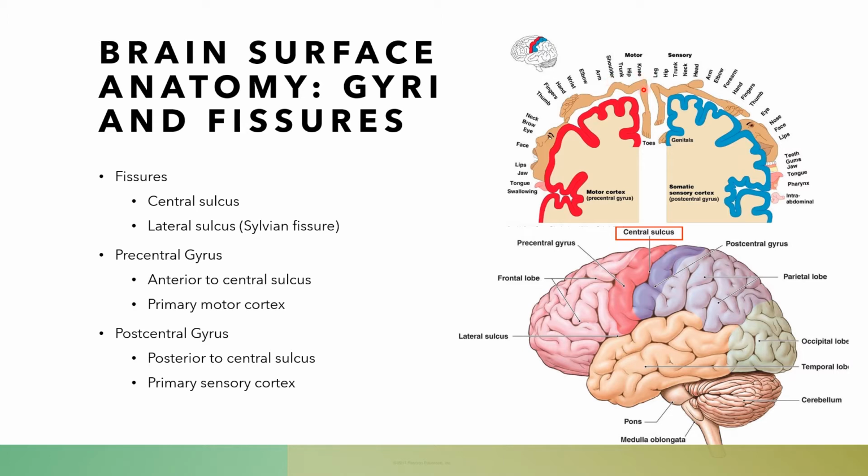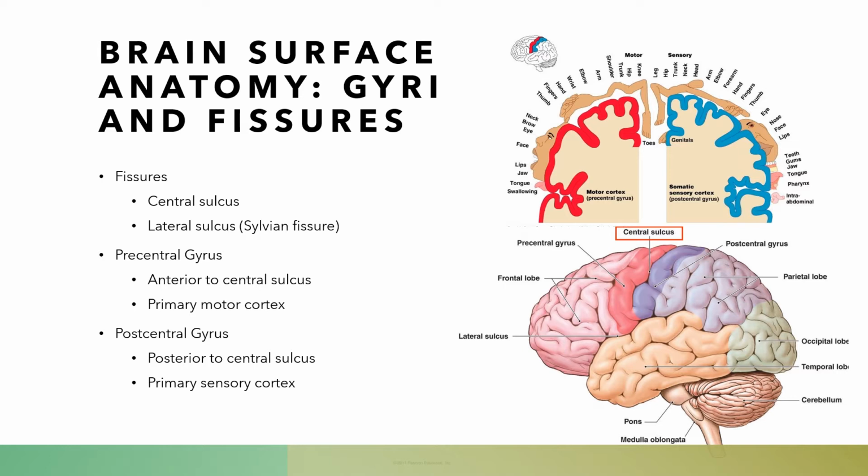The arms and the legs have a smaller area, even though they're bigger body parts, because those motor functions don't require as much finesse. Same for the sensory. The head and the hands have a disproportionately large amount of area allotted to them because of the density of sensory receptors in those areas.